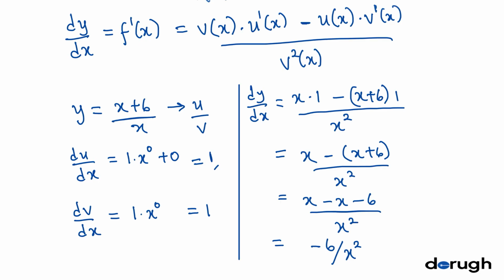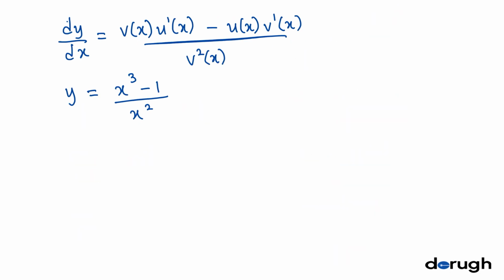Let's attempt another example. For our second example, we have that y equals x power 3 minus 1 over x squared. Remember that u will be the numerator and v will be the denominator.